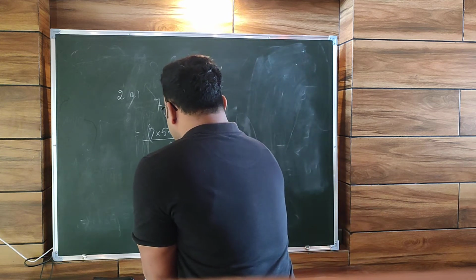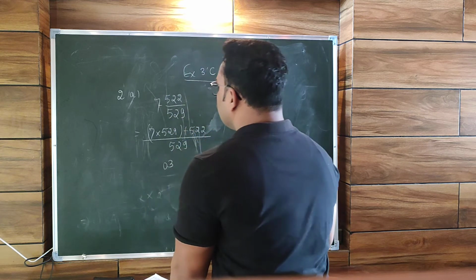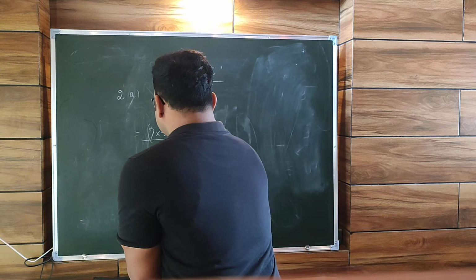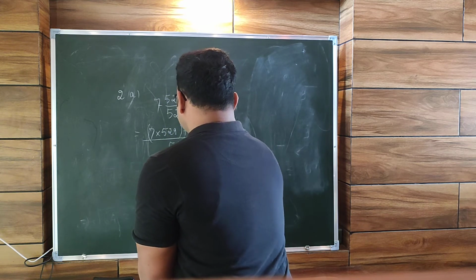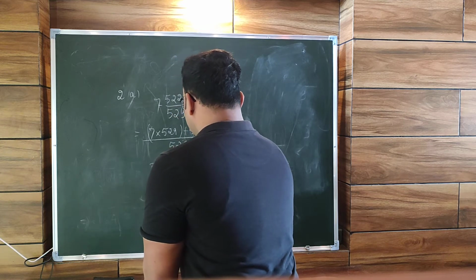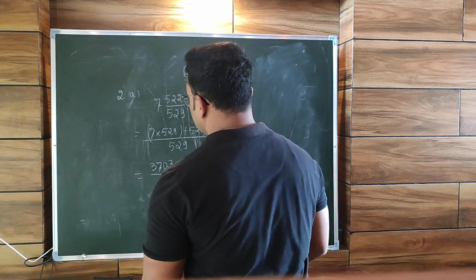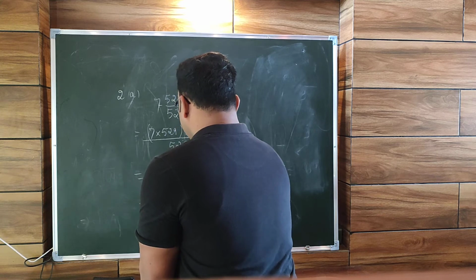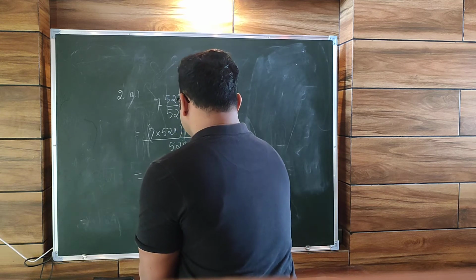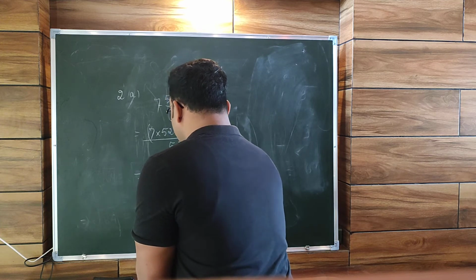7 9s are 63, 7 2s are 14 and 6 is 20, 7 5s are 35 and 2 is 37, plus 522 upon 529. Now add it. 3 plus 2 is 5, 7 plus 5 is 12, 2 and 3 is 4225 upon 529.